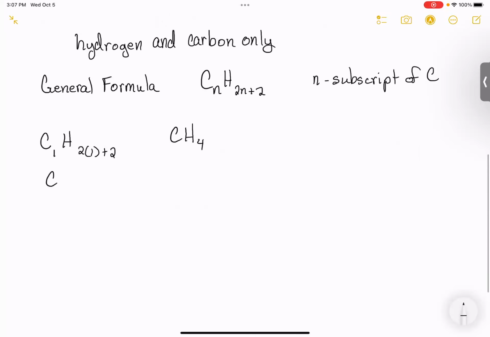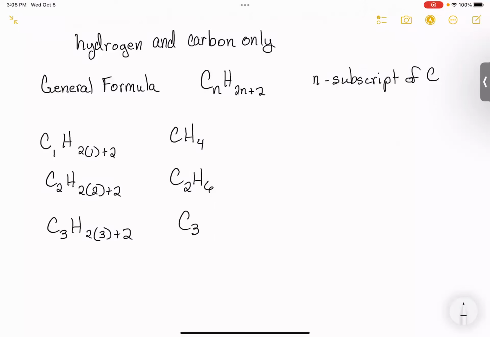If you have 2 carbons, then the hydrogens would be 2 times 2 plus 2, or in other words, the formula is C2H6. 3 carbons, the number of hydrogens would be 2 times 3 plus 2, or in other words, C3H8.